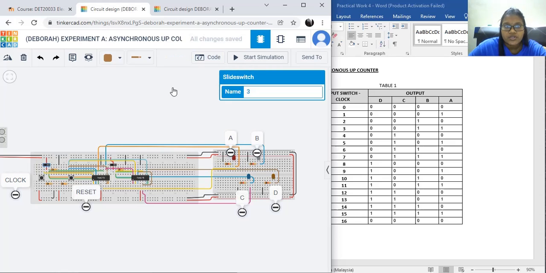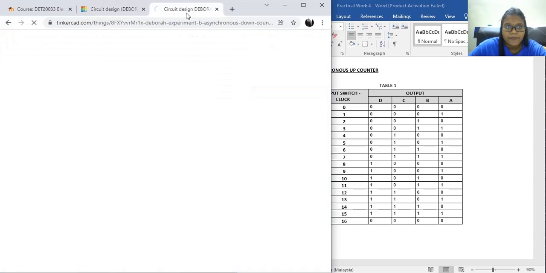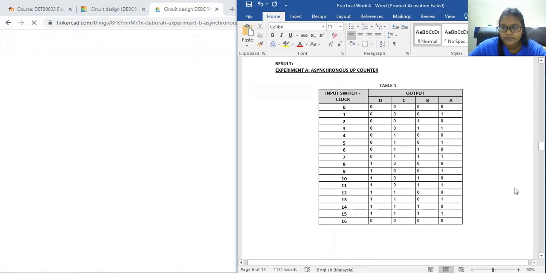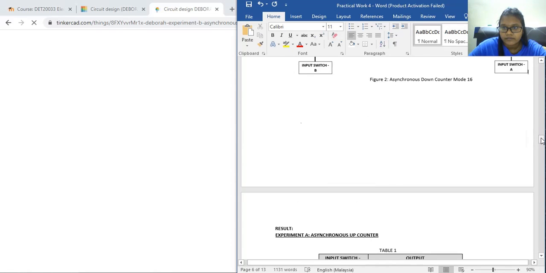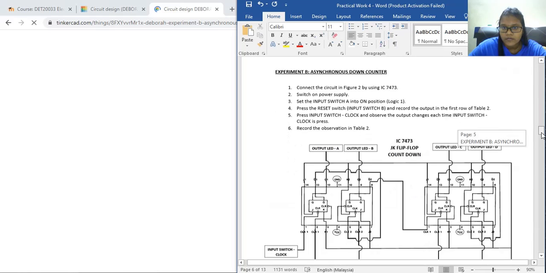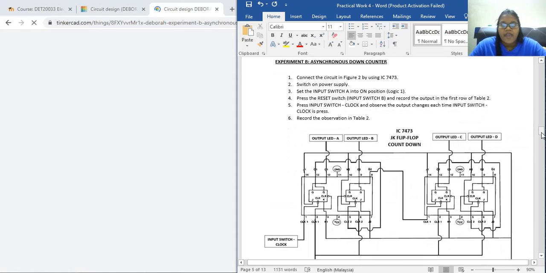Okay, now I'm going to experiment B, the asynchronous down counter. I'm going to explain about the asynchronous down counter.